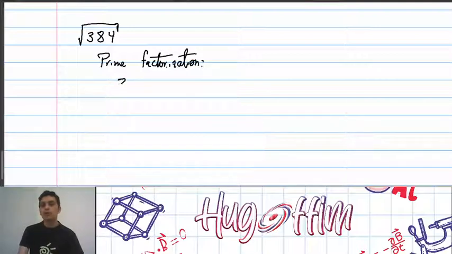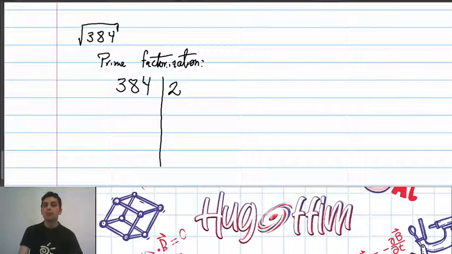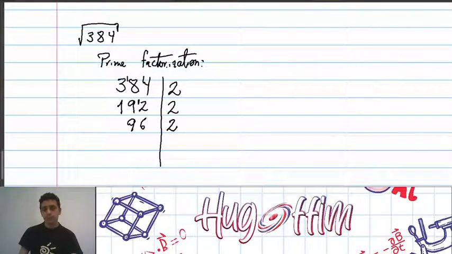So I'm going to take my radicand, and I'm going to do the prime factorization. I'm going to divide by 2, that will be 192.